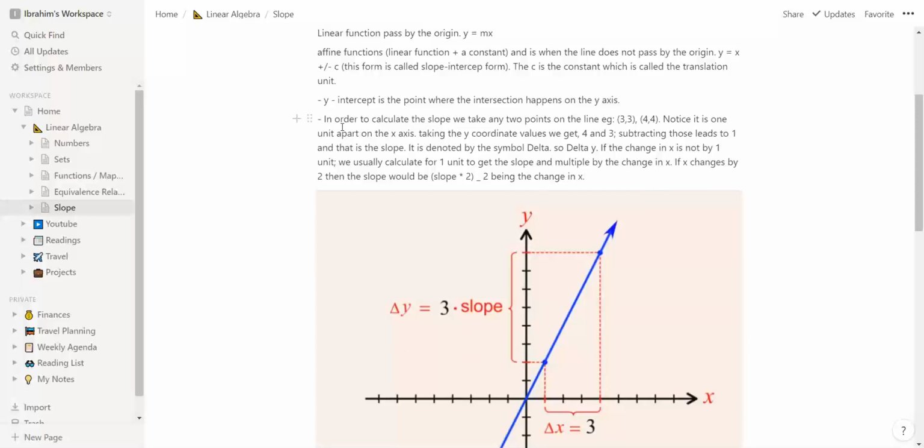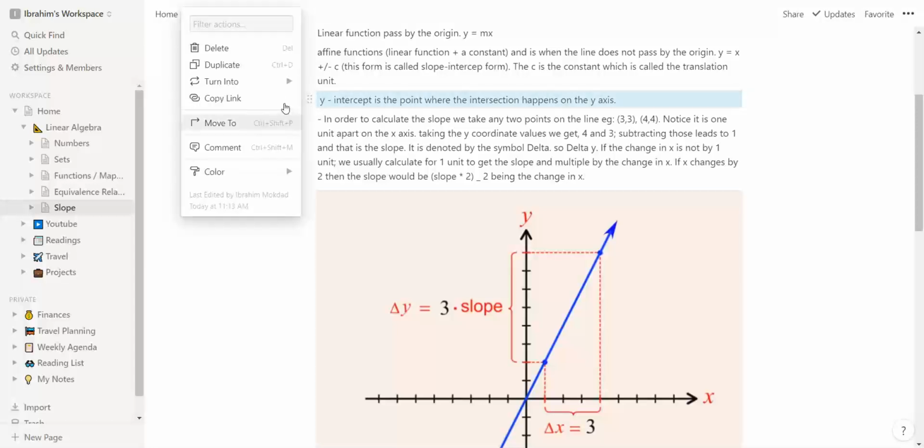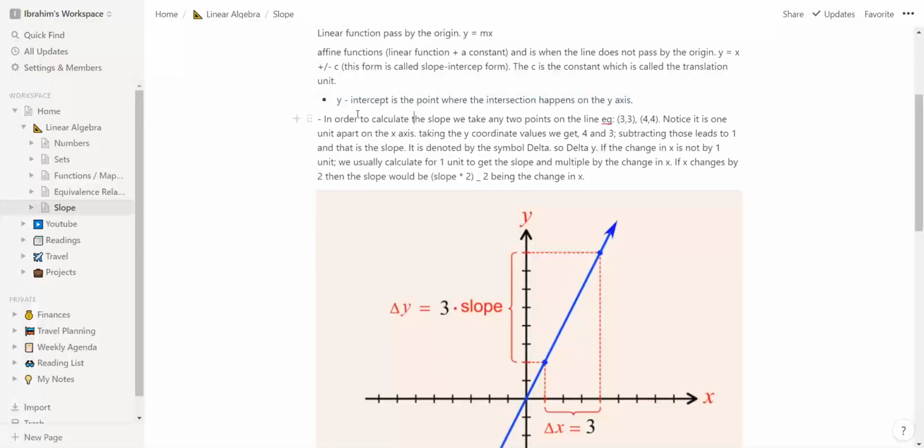Basically, it moves a certain distance away from the origin by the constant c, either in the positive or the negative direction. This form is called slope-intercept form. The c is the constant, which is called the translation unit. The y-intercept is the point where the line intersects the y-axis.